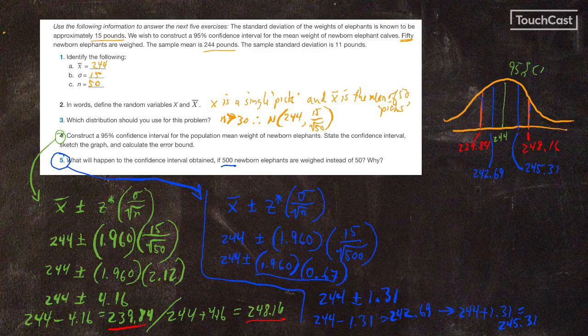So you can see that if you increase the sample size, the confidence interval will decrease. That is good because it means we're getting much closer to the actual population mean. We'll never get quite there, but we'll get pretty close.